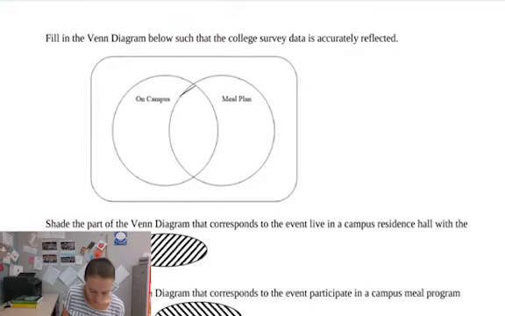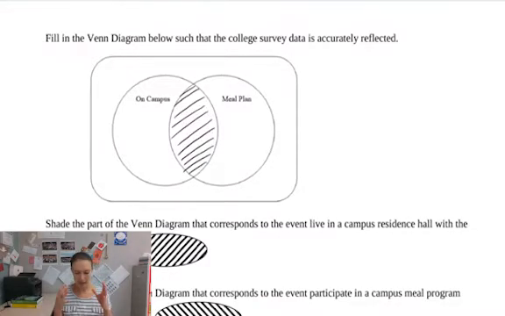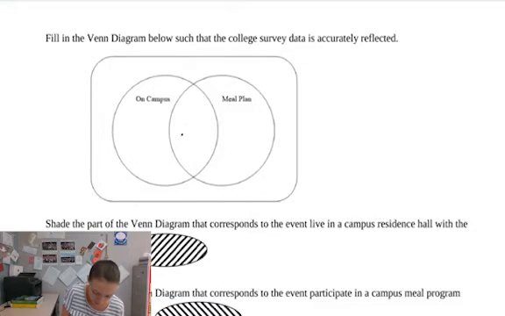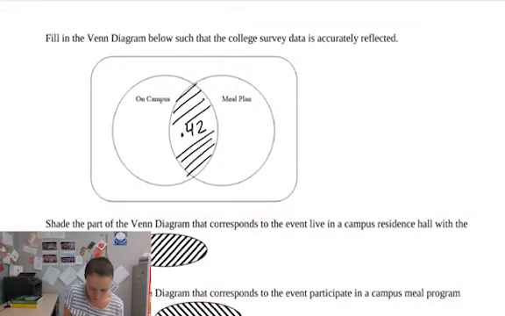If you've never seen a Venn diagram before, the inside part where I just shaded is the part where students are both on campus and have a meal plan. So that is that 42%, 0.42 in here, of the students that do both on campus and meal plan.